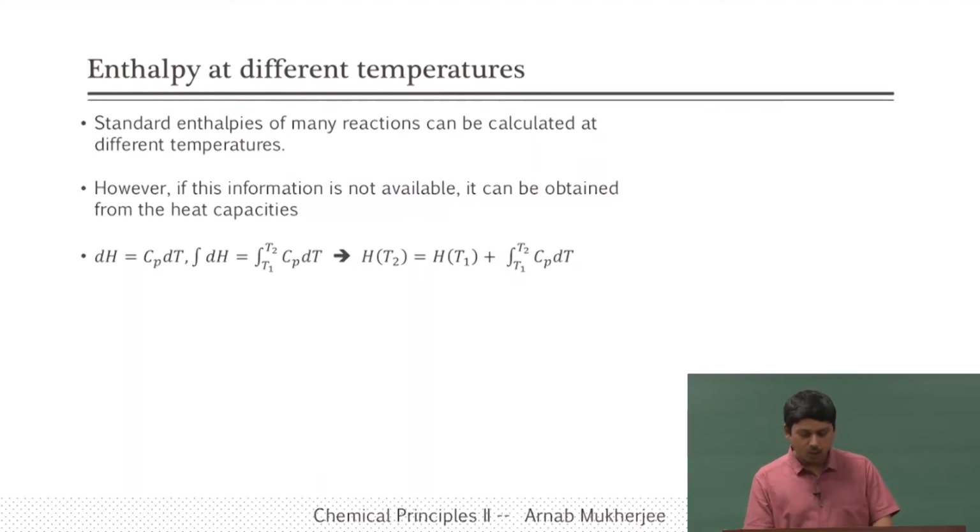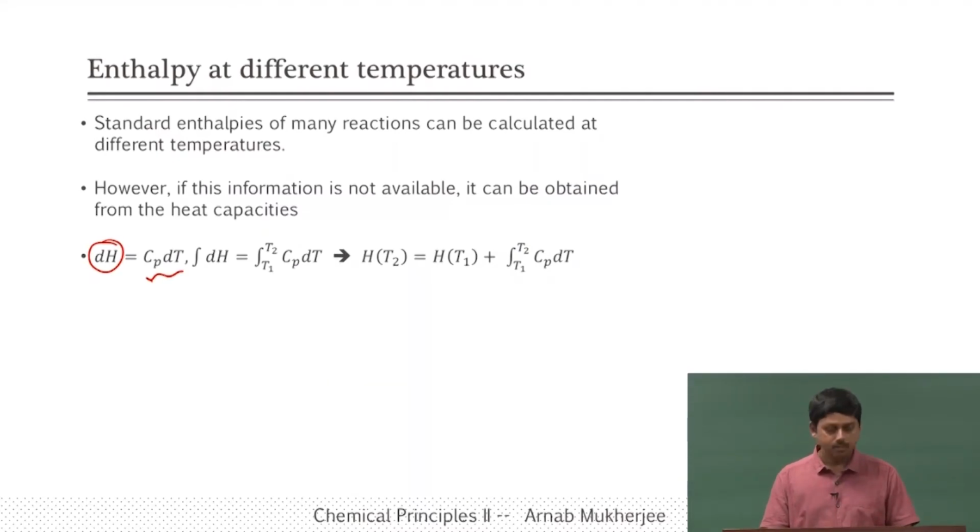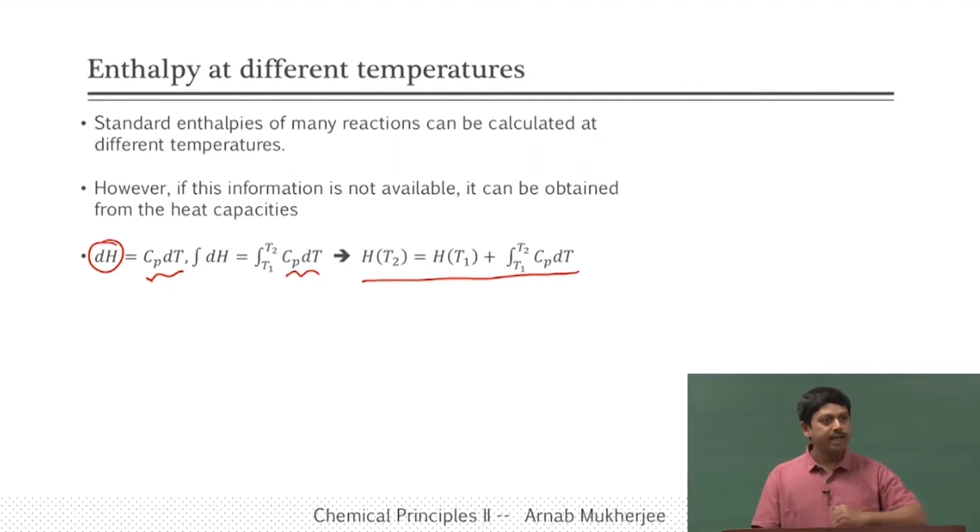We already know that dH is CP dT. So by integrating this quantity we are going to get the enthalpy at a different temperature. For any system we can heat it up, and depending on its own heat capacity we are going to get the change in enthalpy from one temperature to another.